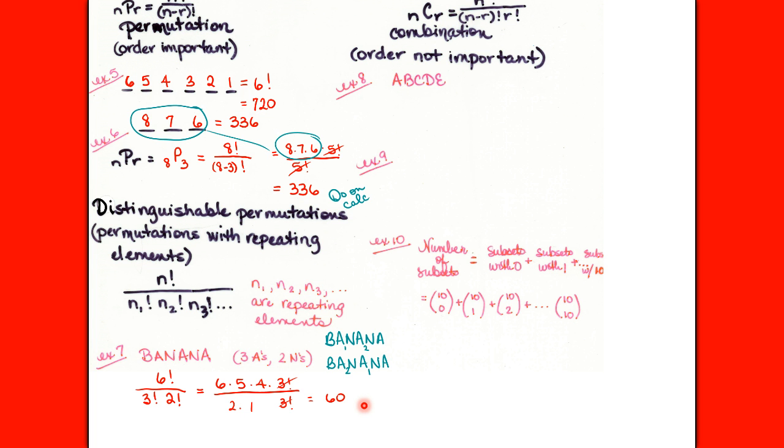Unless you don't believe that there are exactly 60 different ways that you can rearrange the letters in the word banana, somebody who had entirely too much time on their hands actually wrote all of those 60 different configurations out on the bottom of page 668 so that you can see there are exactly 60 of them. That formula really does work. I'll take their word for it and use the formula and not have to write them all out and count.